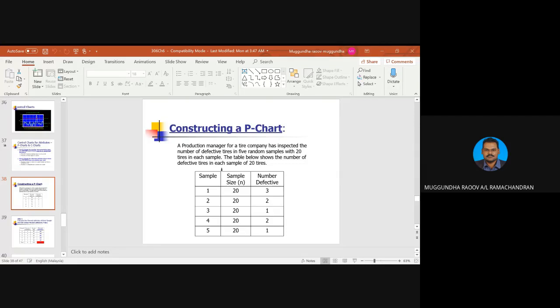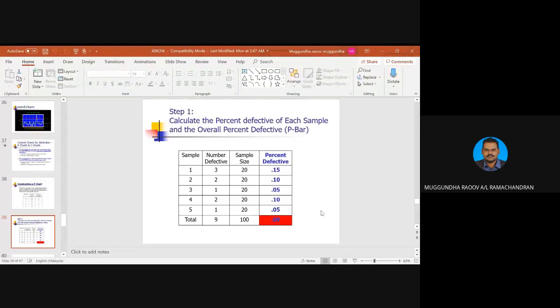So the sample size is 20, and in each sample we have some defects. Now, how do we calculate the percentage of defective in each sample and the overall percentage of defective? That is the P chart.